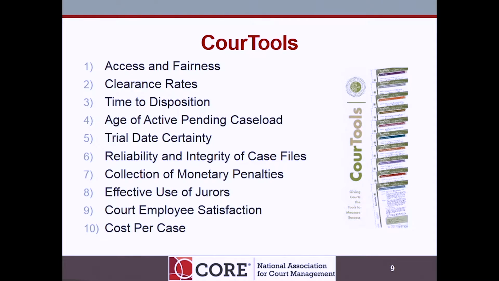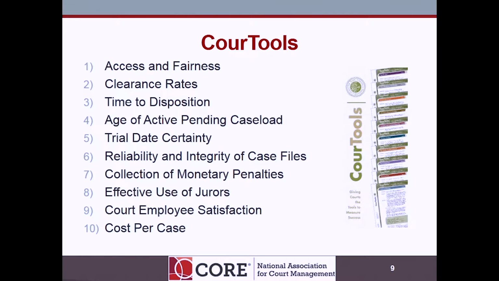The next several, 2, 3, 4, 5, and even 6 to some extent, really focus on kind of the heart of what we do for case management, right? Clearance rates, time to disposition, age of active pending caseload, trial date certainty, and then to some extent, the file integrity too.